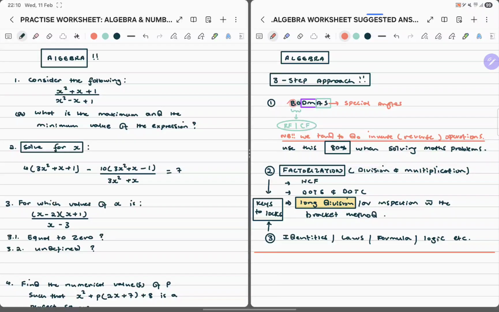With BODMAS, we do brackets, ordinals or exponents, division, multiplication, addition and subtraction in that order. Meaning if we're given any expression, either to simplify or solve, we first solve what is inside brackets. We deal with ordinals, then do division or multiplication interchangeably, then addition and subtraction, again interchangeably. So this is the order of operations.